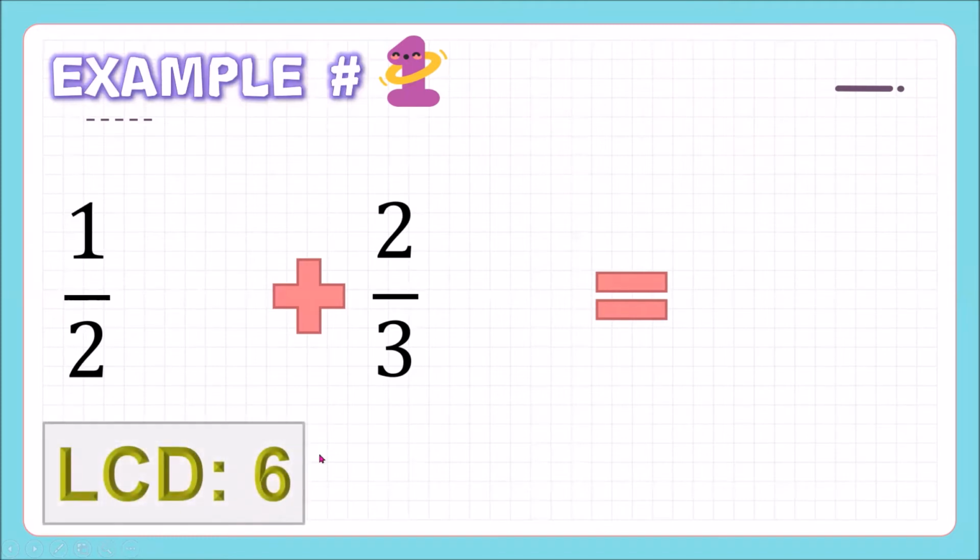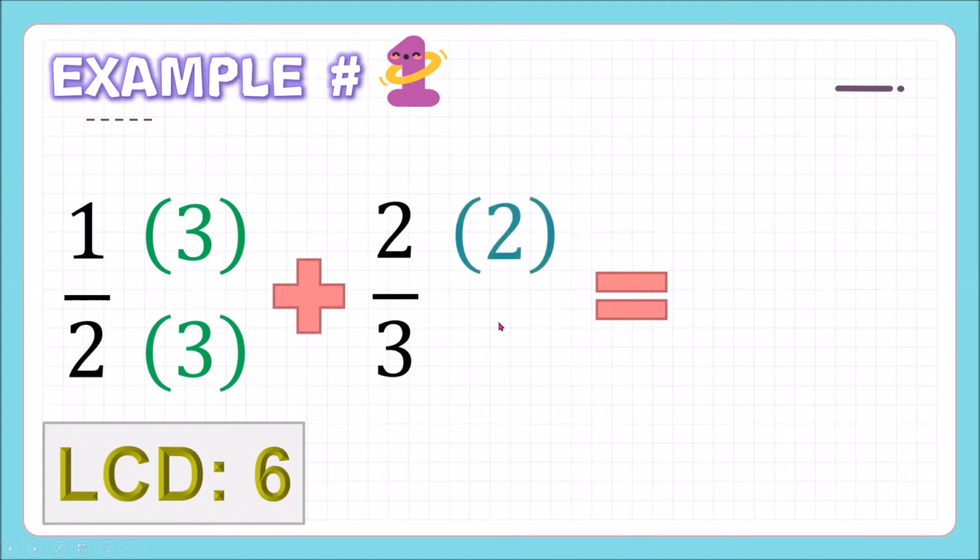So now, think of a number that you will multiply by 2 to make 6. So the number is 3. So we need to multiply both numerator and denominator by 3. Next, what number will you multiply by 3 to make it 6? So we need to multiply it by 2. Again, multiply both numerator and denominator by 2.